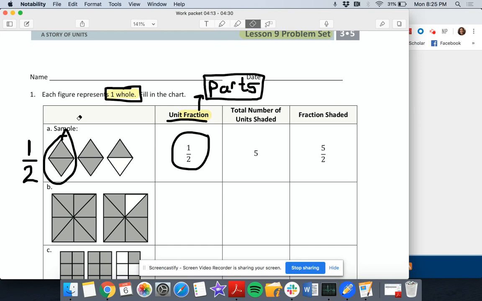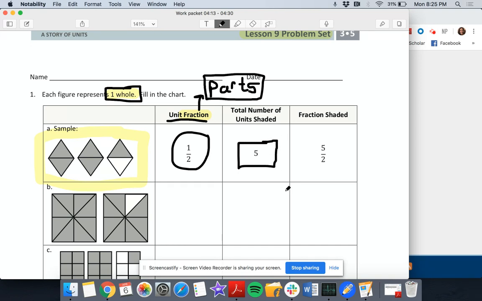And then it asks us to look at the total number of units shaded. So out of this entire figure, these three figures, how many are shaded total? Well, we have 1, 2, 3, 4, 5, and that's how they got the 5.